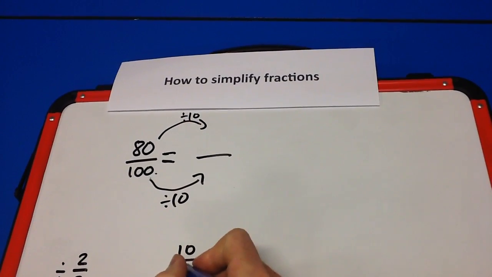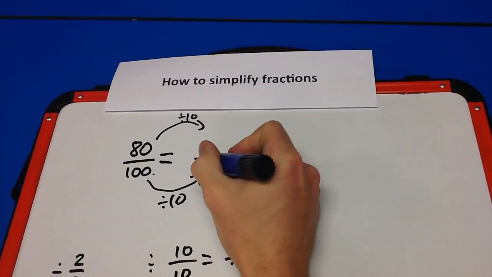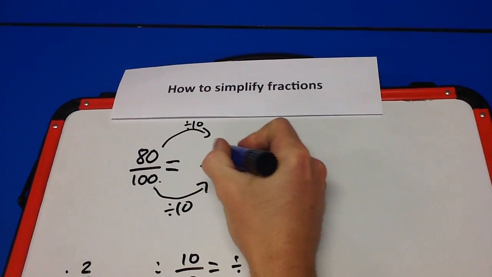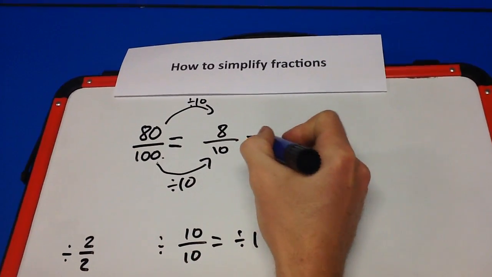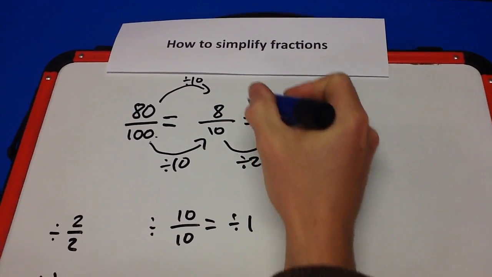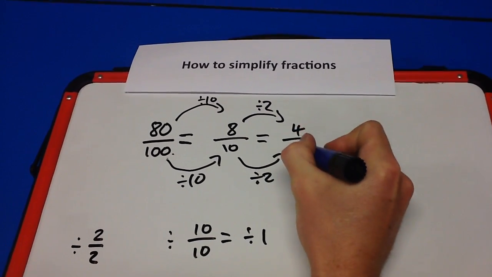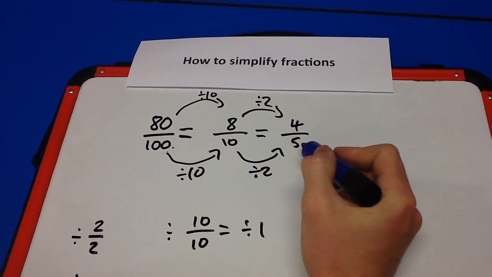Again, 10/10. Dividing by 10/10 is the same as dividing by a whole. 100 divided by 10 is 10. 80 divided by 10 is 8. 8 out of 10. Okay, can I divide it further? Yes, they're both even, so I can divide by 2. So that goes to 4/5, which is the same answer I got last time in its simplest form.